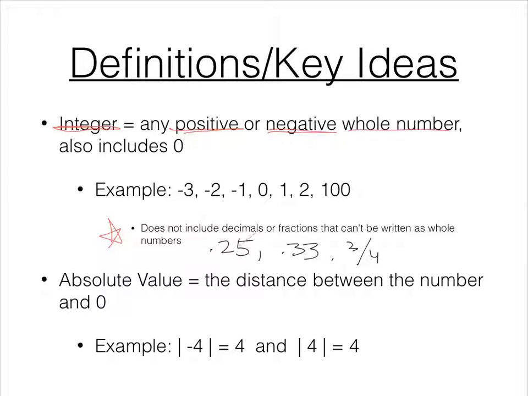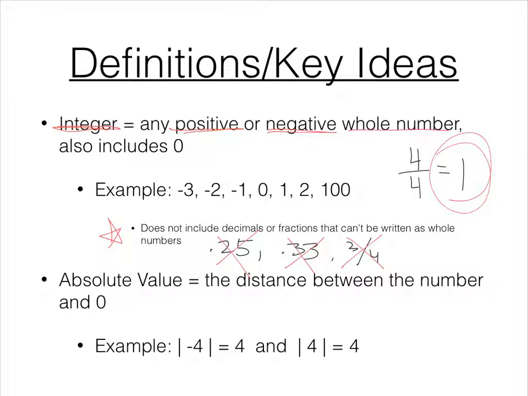None of these are whole numbers, so they would not be considered an integer. The only exception would be if I have something like the fraction 4/4, I can simplify that to 1, so that would be an integer.